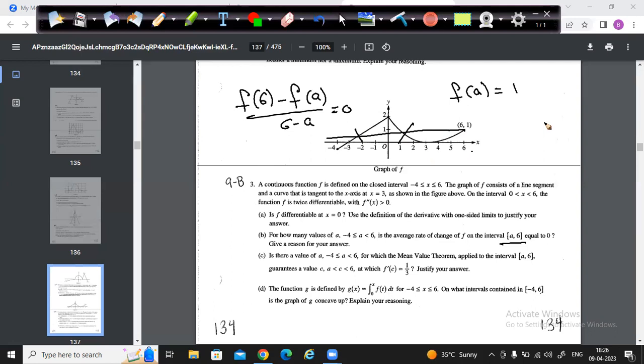So find the average rate of change from f of 6 to f of a, which is f of 6 minus f of a by 6 minus a equated to 0. So you'll get f of 6 is equal to f of a. So f of 6 value is 1. So f of a value is equal to 1. You need to see for how many values it is equal to 1. It is equal to 1 for 2 values. So answer should be 2.